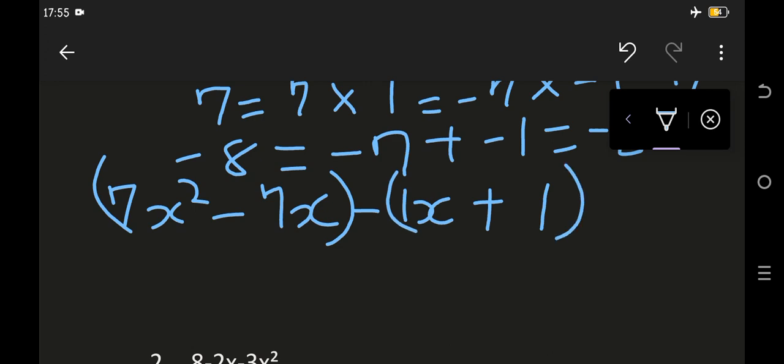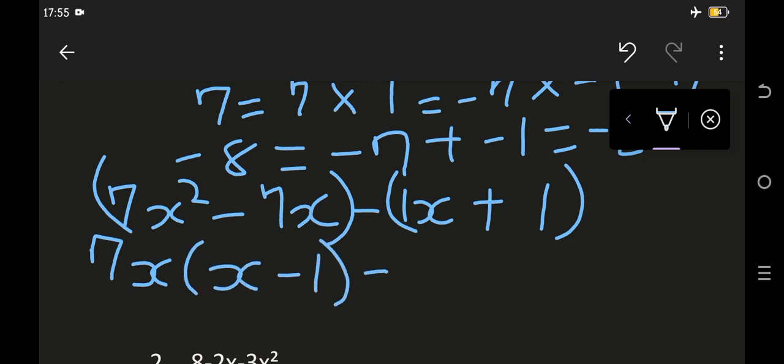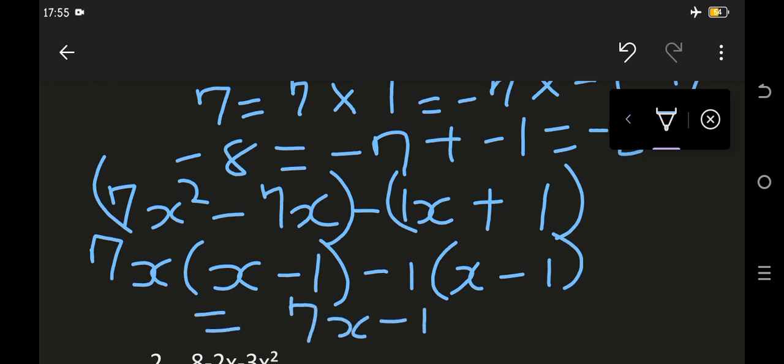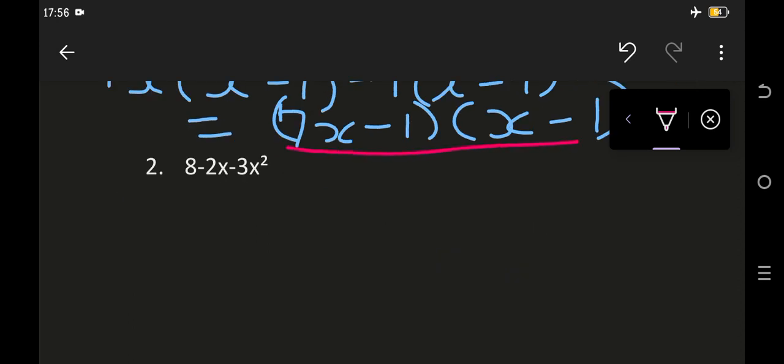This will give you 7x into x minus 1. This will give you 1 into x minus 1. So your answer is going to be 7x minus 1 and x minus 1. So this is the answer for the first quadratic expression.